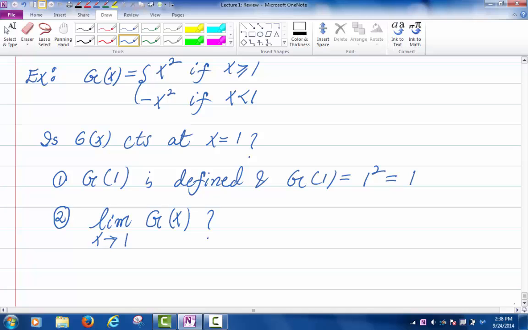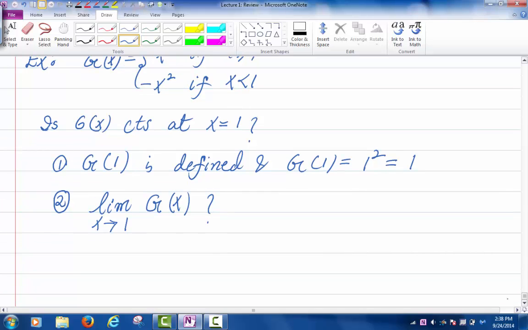I have to look at the limit at 1 from the right and left separately, and then I can use those formulas. So I look at the limit as x goes to 1 from the right of g of x. And what is that limit? Well, when x goes to 1 from the right, it means x is larger than 1, right? X is on the right side of 1. So when x is larger than 1, the function formula is x squared.